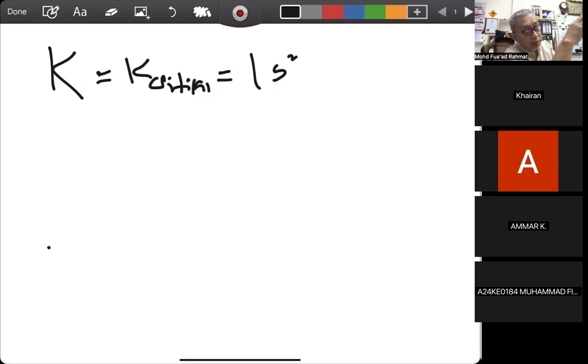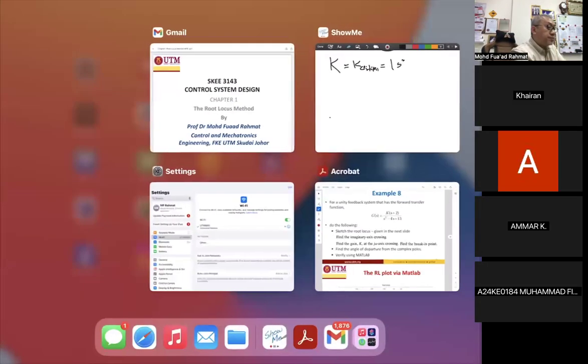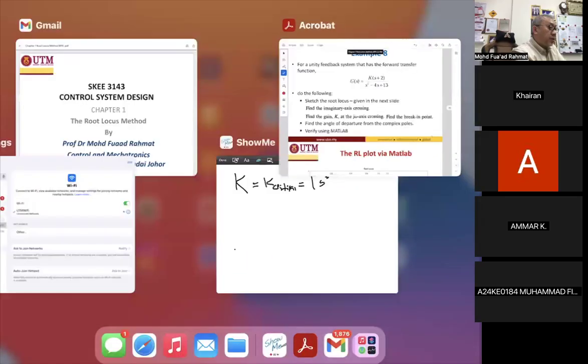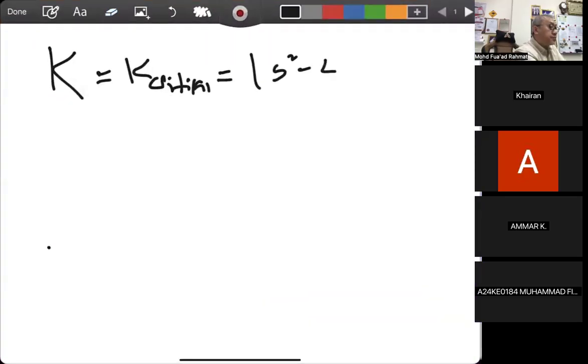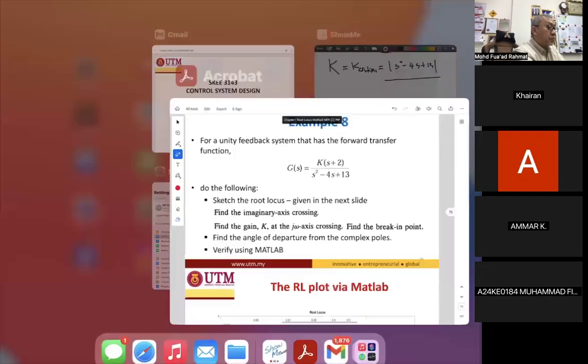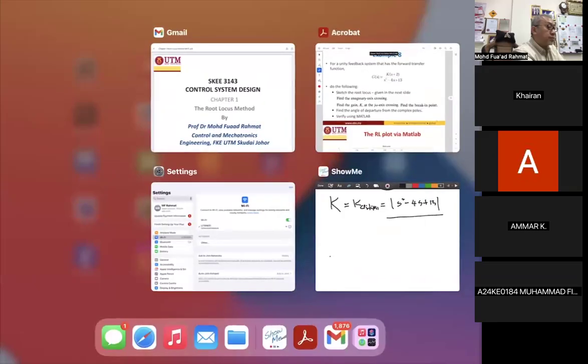That's why the K over there, we call it K critical. So K equals the magnitude of s squared minus 4s plus 13 over s plus 2.